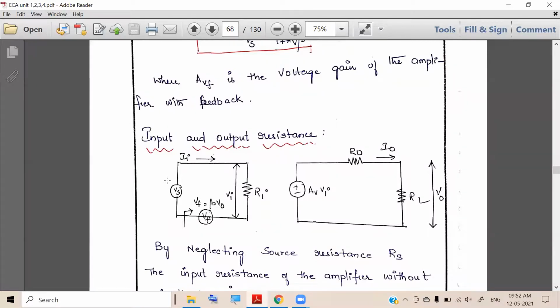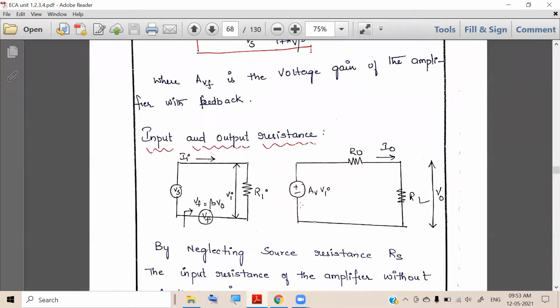And then the feedback signal we are representing here. So this is our general amplifier: Ri, AVBI, R0. RL is the load, Vs is the source, Vf is the feedback signal. This is how we construct our circuit for voltage series feedback.